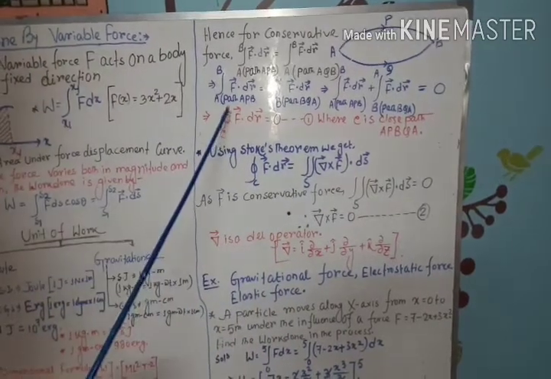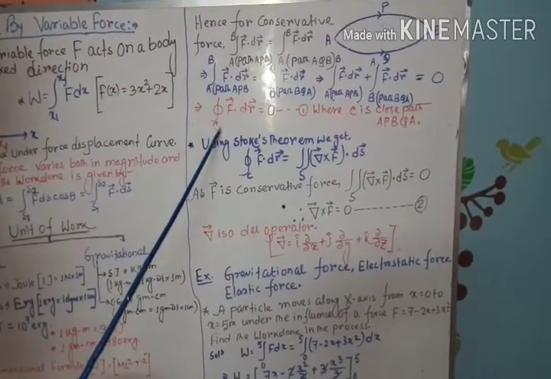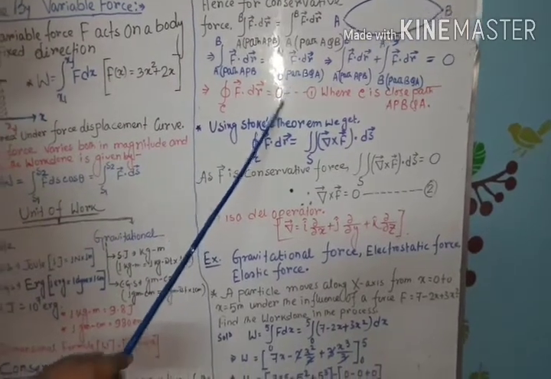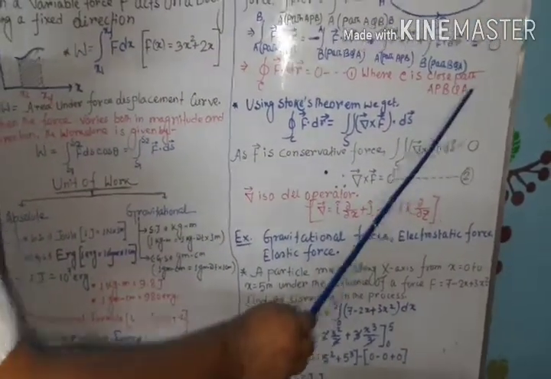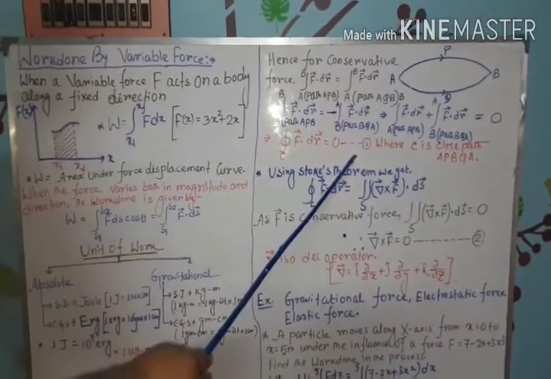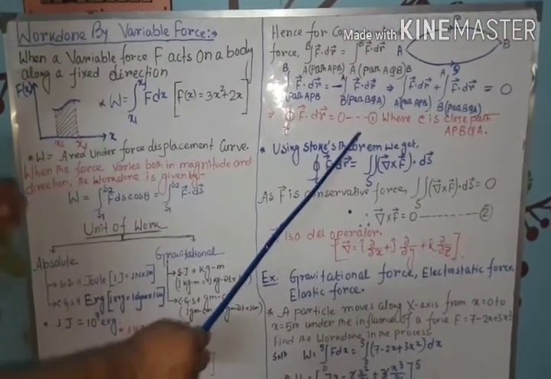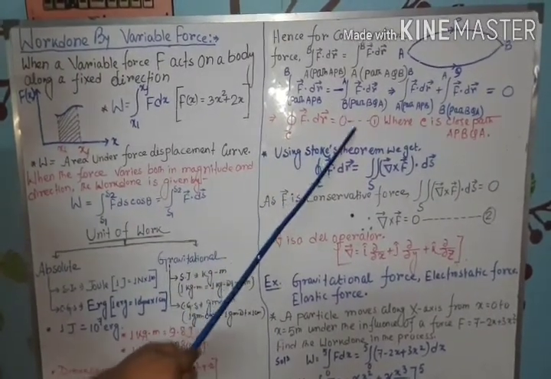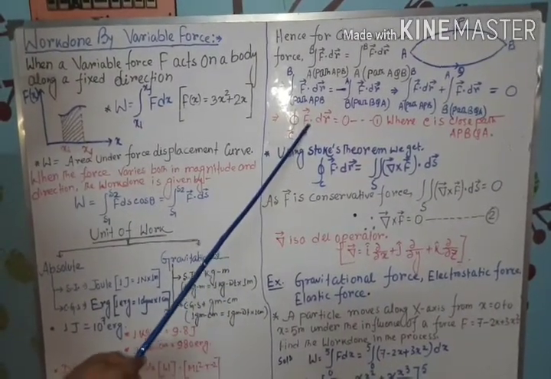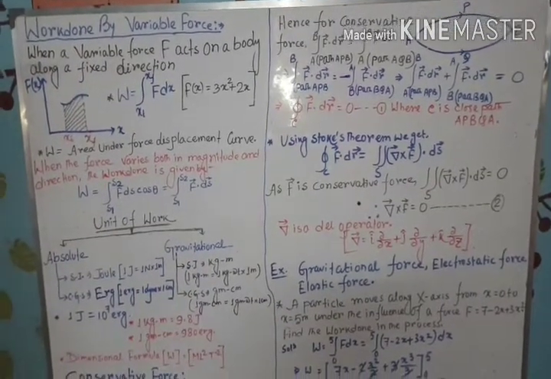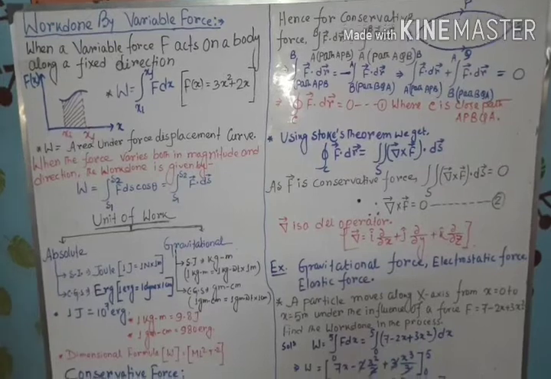So the integration over closed curve C, F vector dot dr vector, is equal to 0. This is another way by which you can say whether a force is conservative or not. If the work done by a force around a closed path is equal to 0, then the force is said to be conservative.